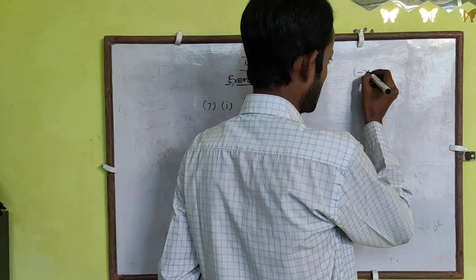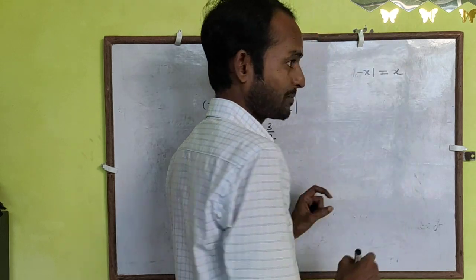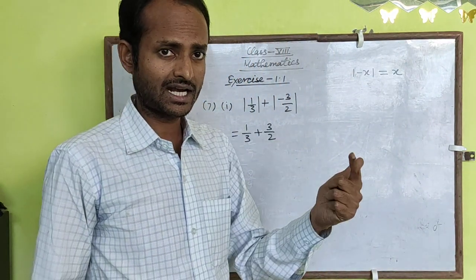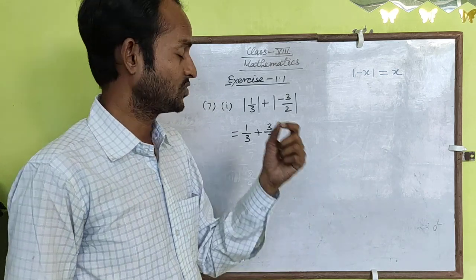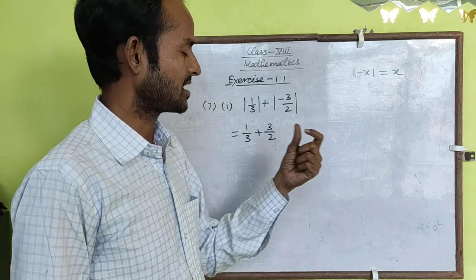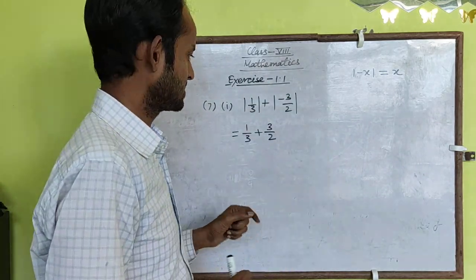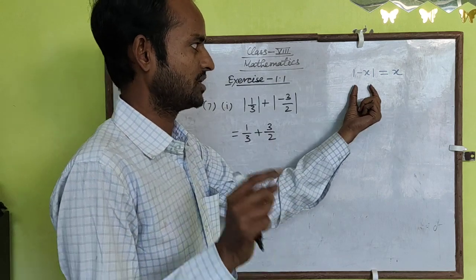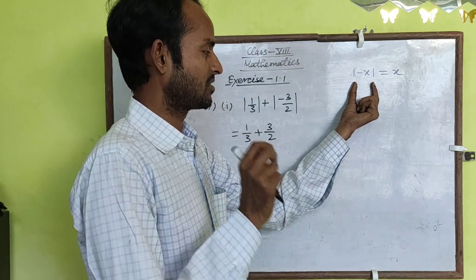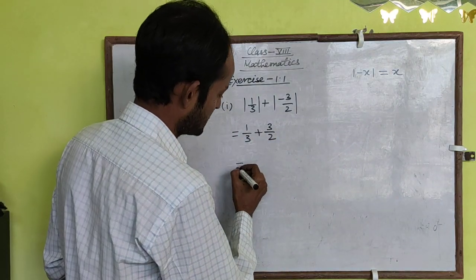Here you can remember in your mind that mod of minus x is equal to x simply. In higher classes we will define the modulus function properly, but here you can just think modulus of minus x is equal to x. Now we have to solve this.